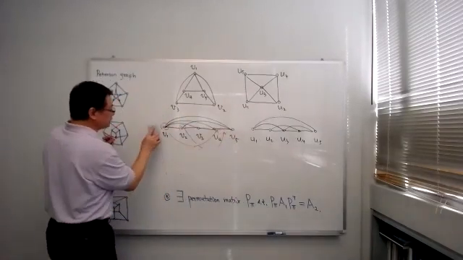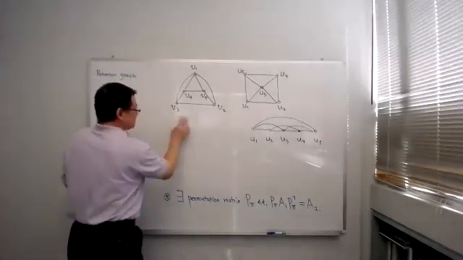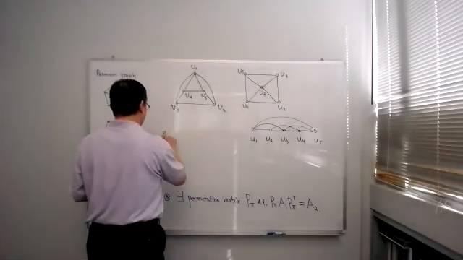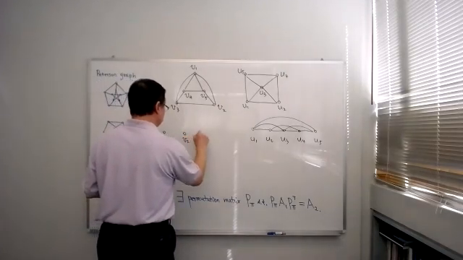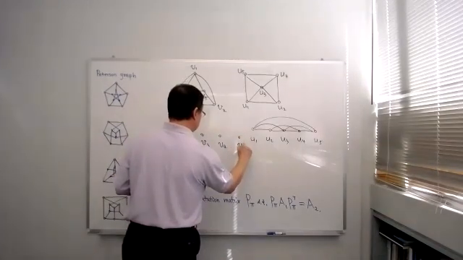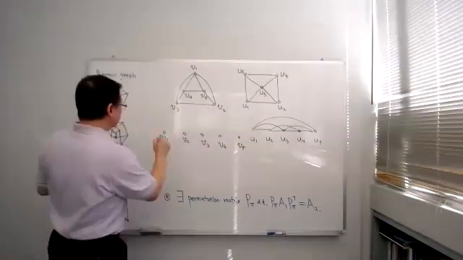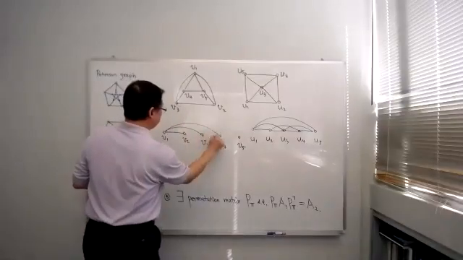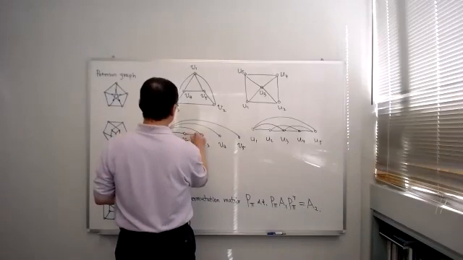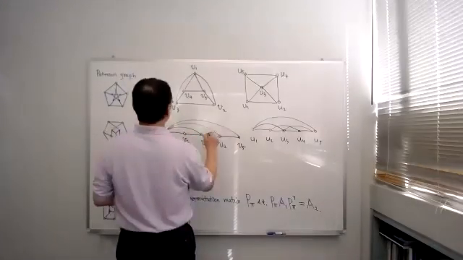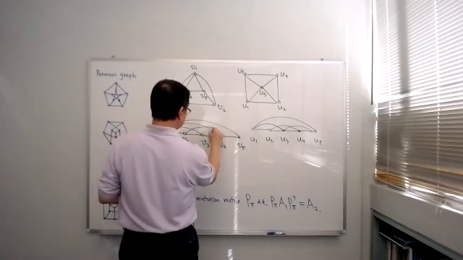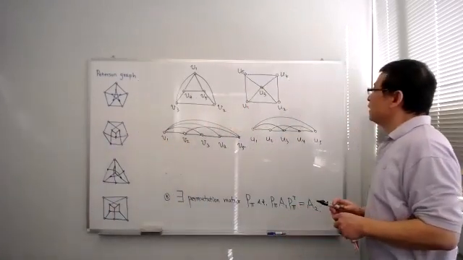Let me maybe give the isomorphism first, otherwise I get confused. Okay, so originally this one is 1, 2, 3, 4, and 3, 4, 2, 3. So it looks like this.